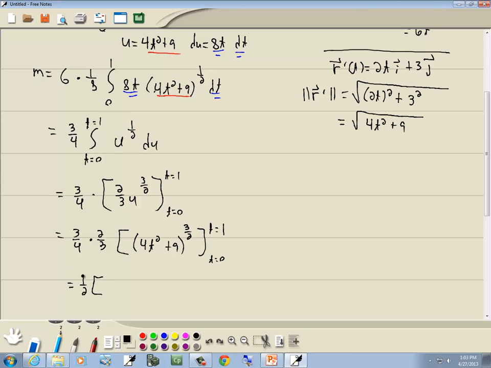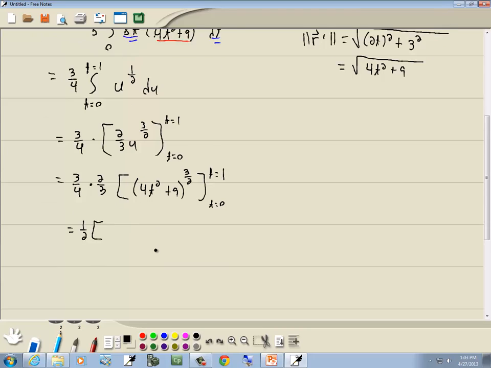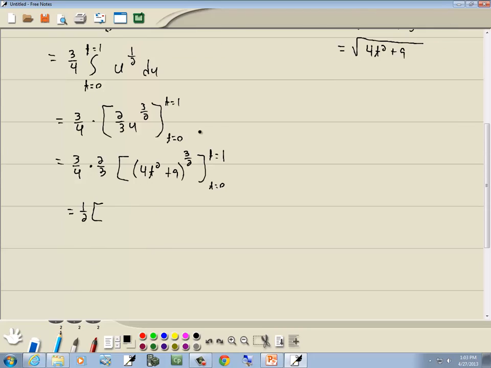And now let's plug in our numbers. Well, if I plug in 1, 1 squared is 1, times 4 is 4, plus 9 is 13. So we're going to have 13 to the 3/2 minus, now if I plug 0 in for t, 0 squared is 0, times 4 is 0, so we'll have 9 to the 3/2.